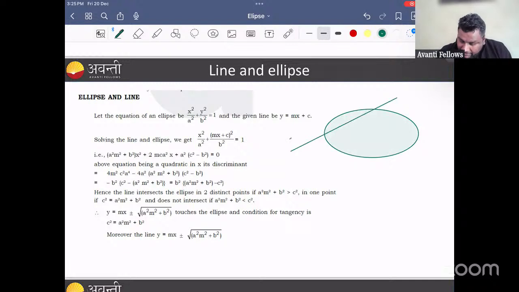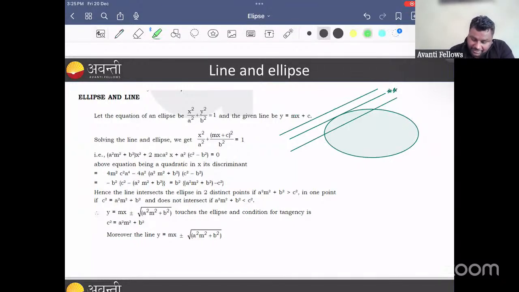A line can touch the ellipse. A line can go outside the ellipse. Got it? Undoubtedly, a very important case for me is when the line is tangent to the ellipse. Got it? Now, how does it work?